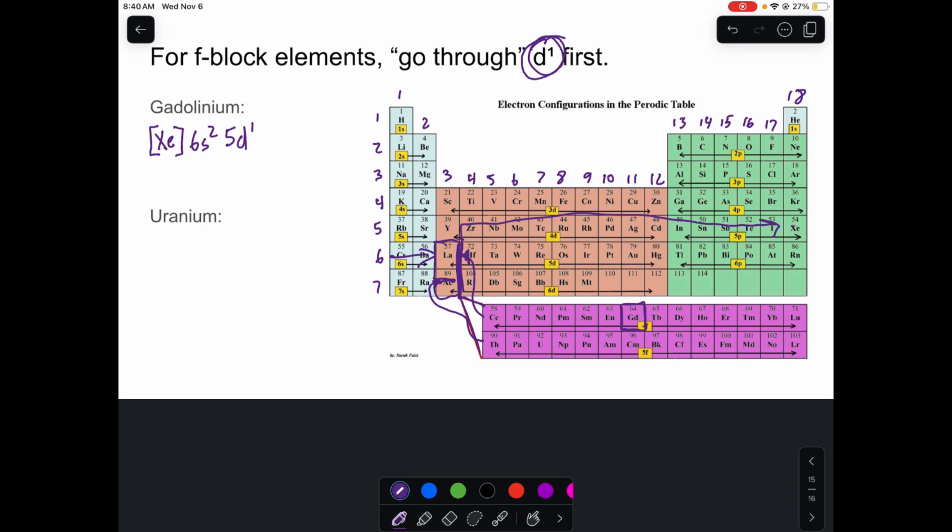Next, we have to imagine that we're here, we're going to go into the F, and we're going to go to gadolinium. So it's going to be 1, 2, 3, 4, 5, 6, 7 electrons. And we drop down twice.